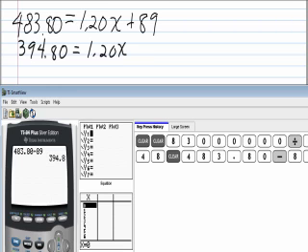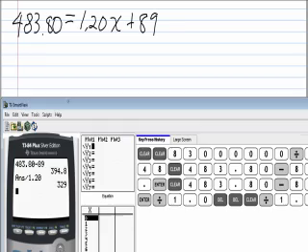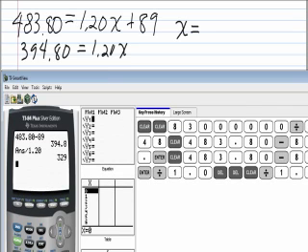And then the last thing to do to solve for x is to divide both sides by the $1.20. So once we do that arithmetic of subtracting 89 from both sides, then dividing by the $1.20, we get 329.